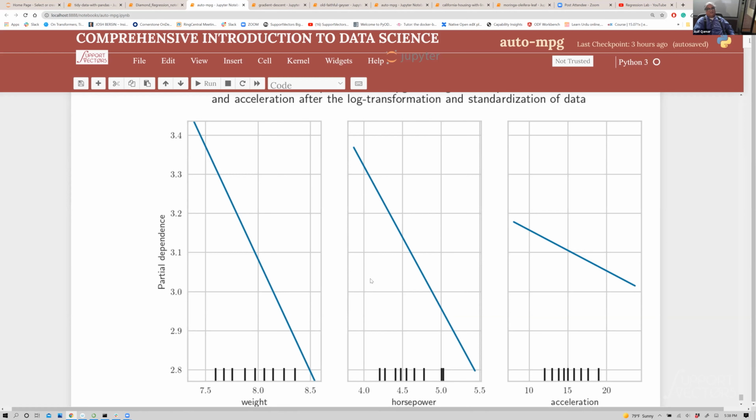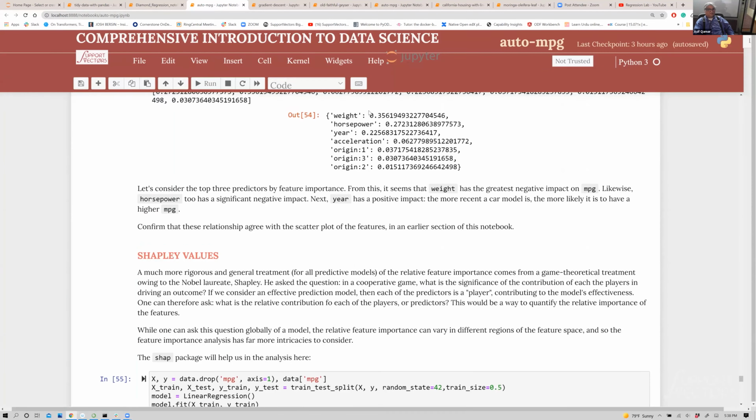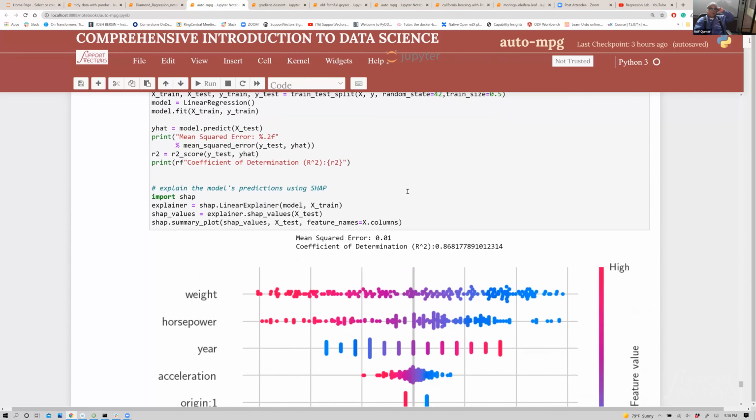The leftmost is a little steeper than the middle one, and all of them are far steeper than the acceleration one. Acceleration doesn't matter that much, and you can see it in the feature importances also. Weight and horsepower basically kill compared to acceleration, which has only a 6% influence. So these are partial dependency plots.